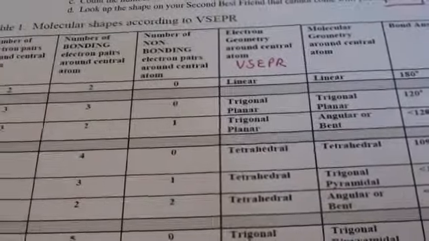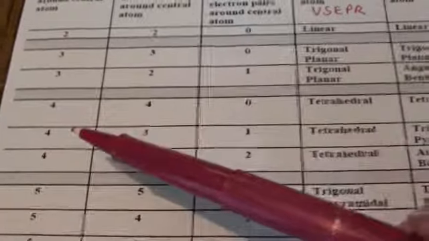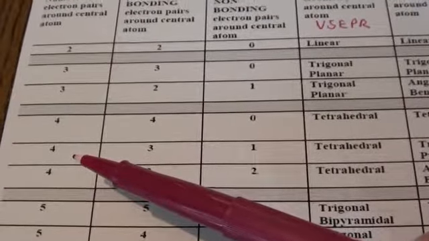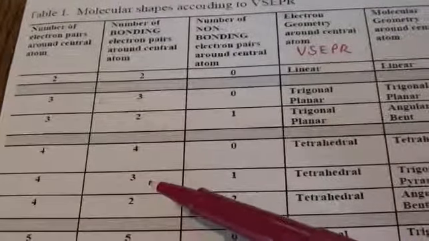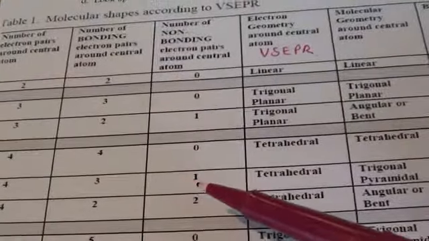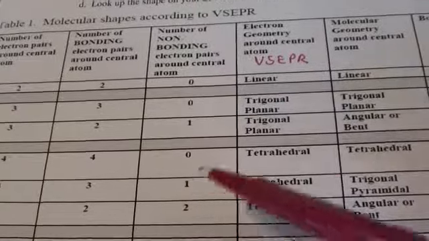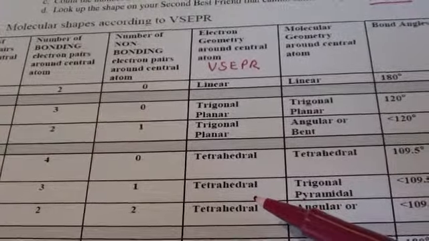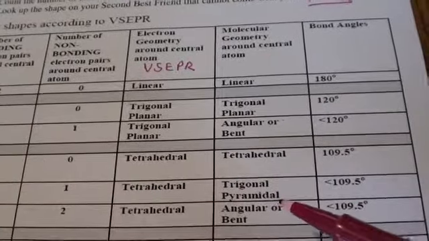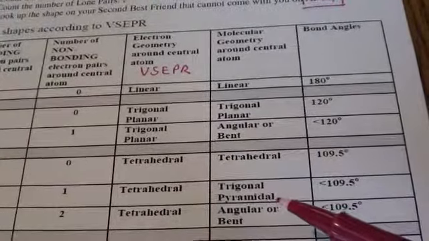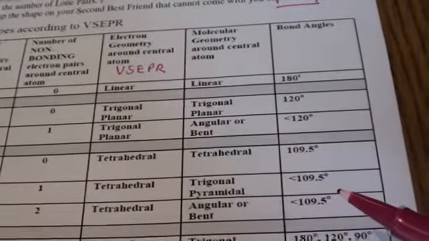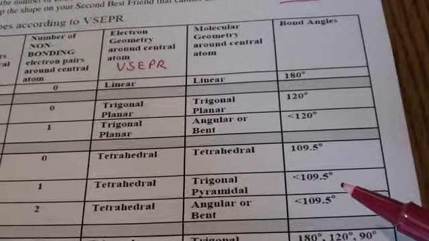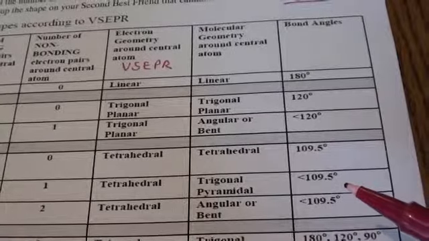So we come to our chart again, and this time we see we have 4 electron pairs around the central atom. 3 of them are bonding pairs. 1 is a lone pair. The VSEPR shape is still tetrahedral. However, the molecular geometry is trigonal pyramidal, and it has a bond angle that's less than 109.5.